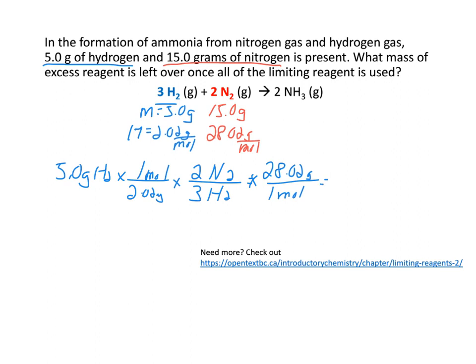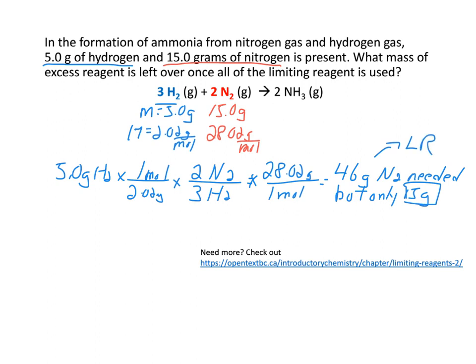And then our math says we have 46 grams of N2 needed to completely react with our 5 grams of hydrogen. However, we only have 15 grams. So this must be our limiting reagent.